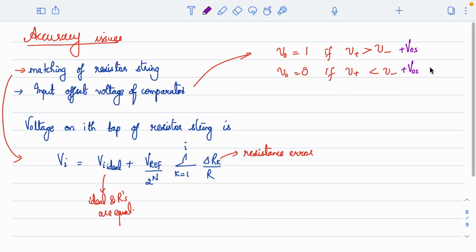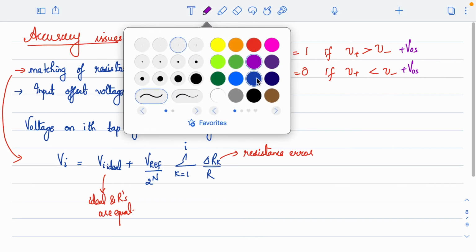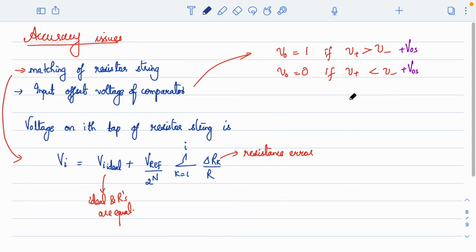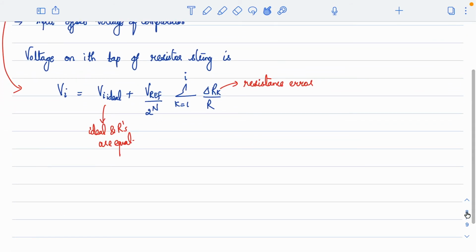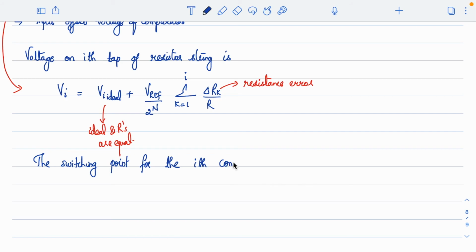So keeping this in mind, if I write the equation, now I need to write the switching point. The switching point for the ith comparator should now be written as Vi, which is the ideal value, plus I need to include the offset voltage as well.